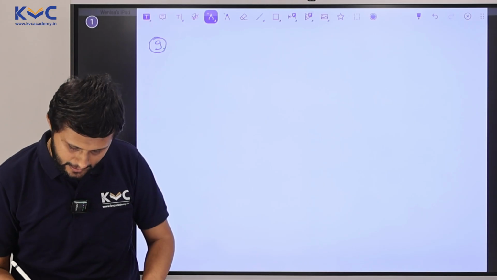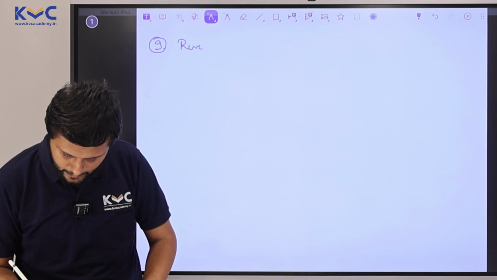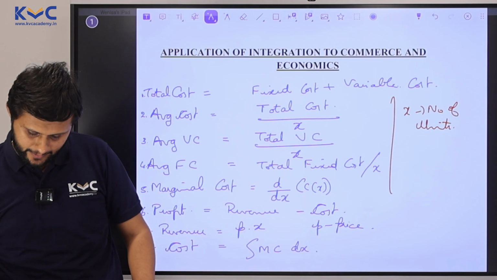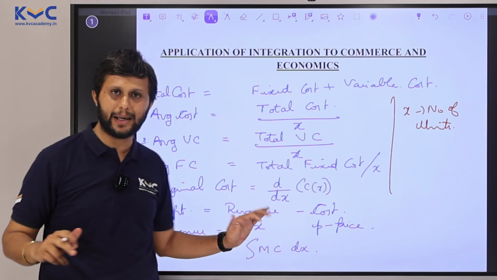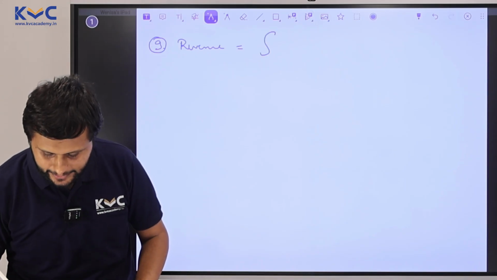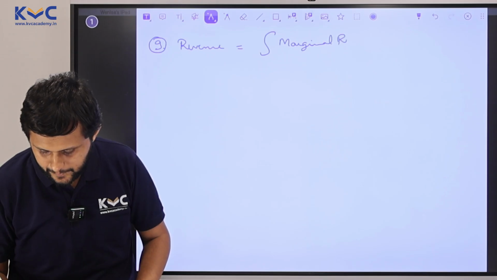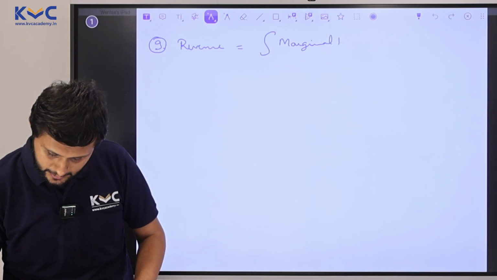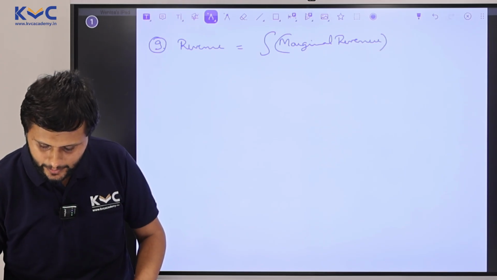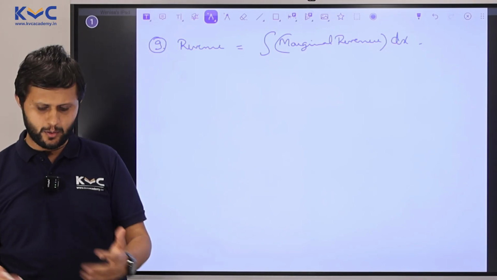9. Revenue. How do we get revenue? I think I have given it once. Revenue is equal to P into X. So if we have to get revenue, we can also integrate marginal revenue, definitely with respect to X. Or I can give it the other way around also.